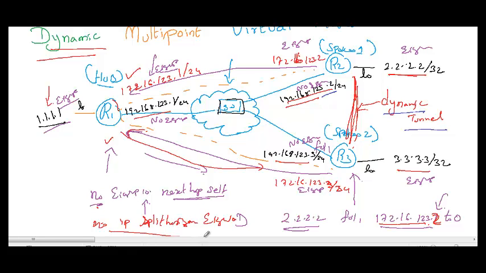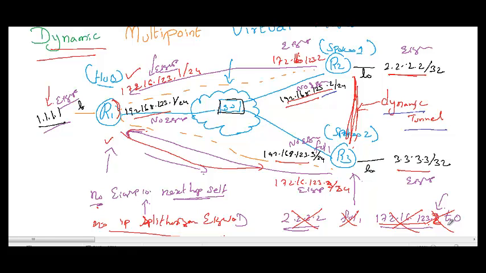Now if I don't give this command, whatever R1 learns from R2, it will not give to R3. It will keep it with itself. Meaning, about the 2222 network, R3 will never learn because R1 will not give it.